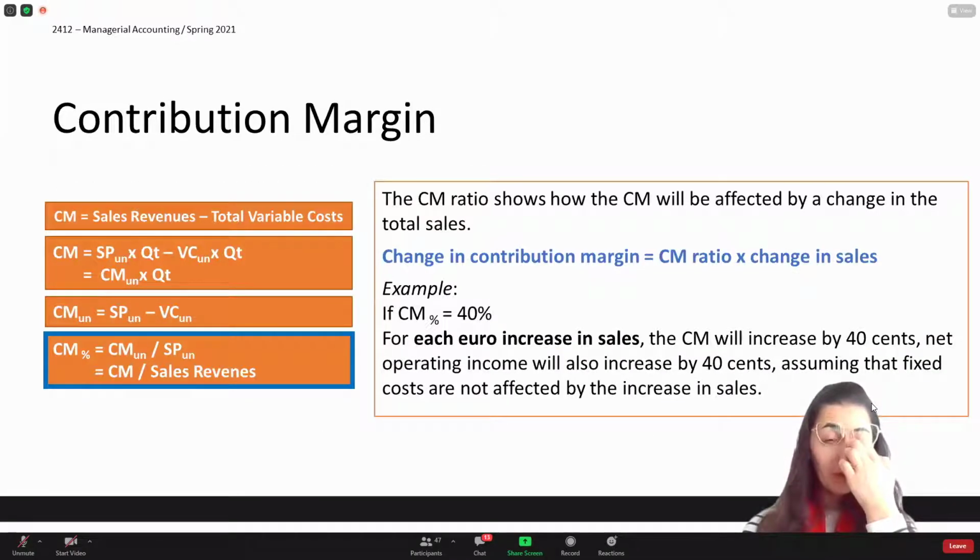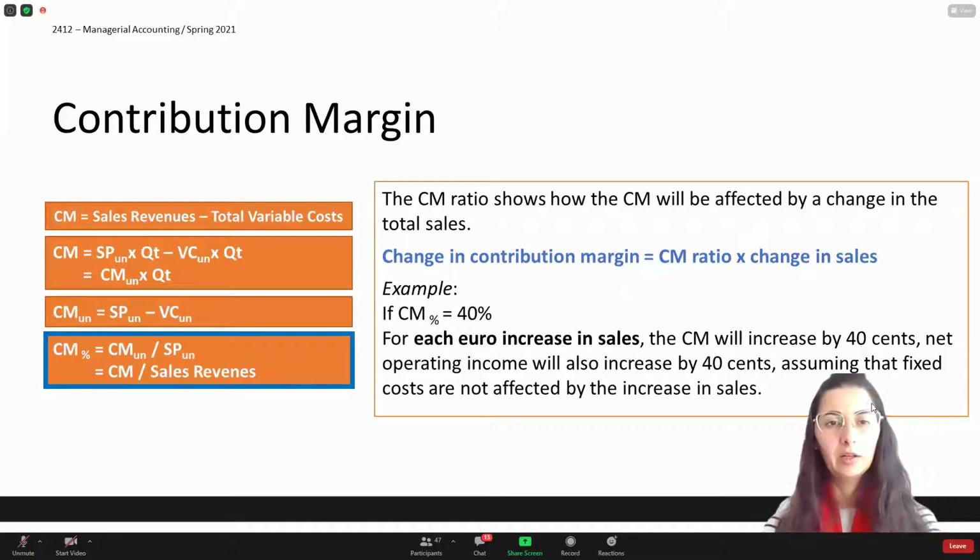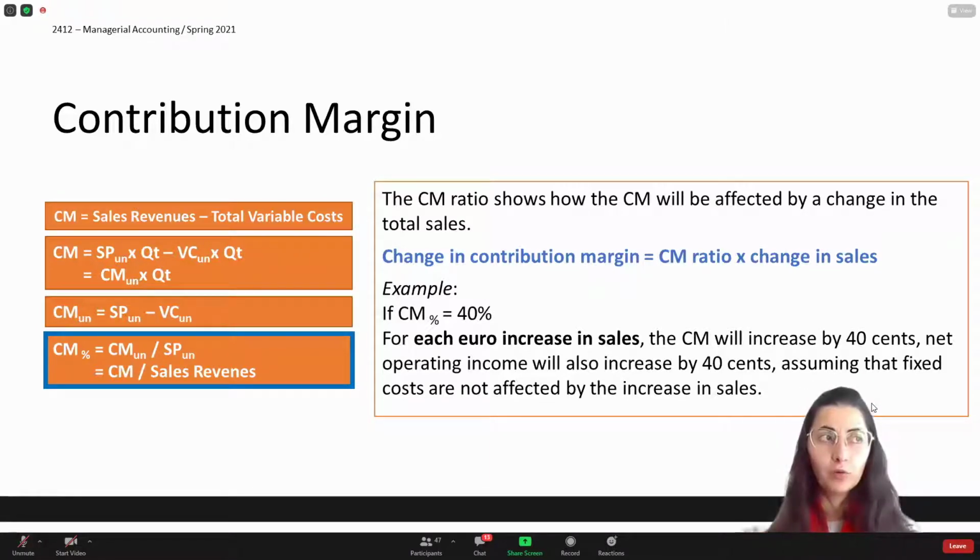So an important concept in terms of contribution margin is the contribution margin ratio. The contribution margin ratio shows how the contribution margin will be affected by a change in the total sales. So we can calculate the change in the contribution margin to be equal to the contribution margin ratio times the change in sales.